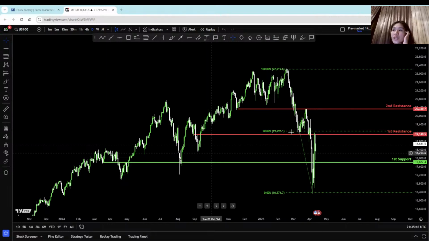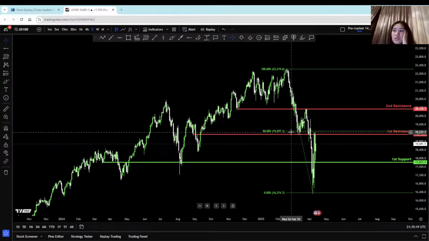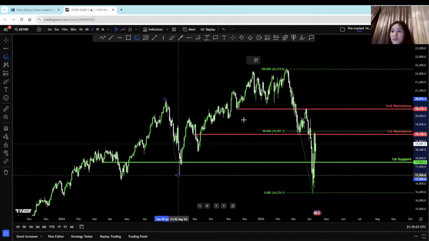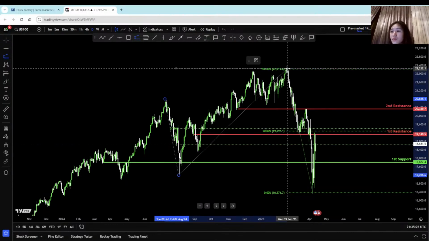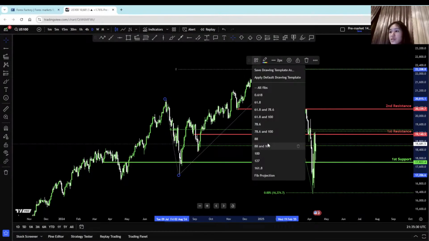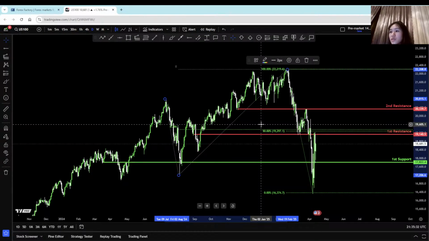Okay, I'm going in with another projection. You can see that 78.6 lines up with our first resistance here.